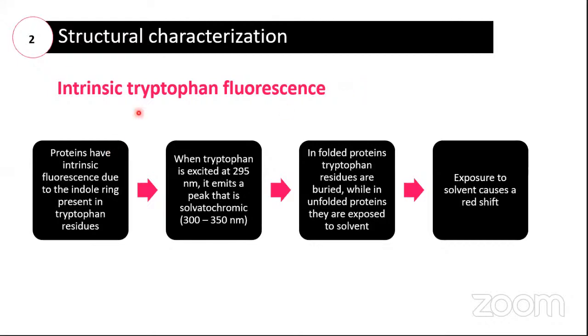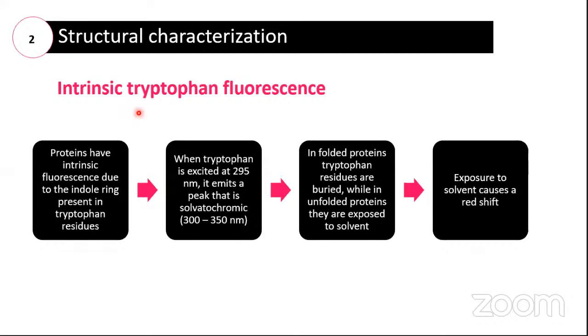Proteins have intrinsic fluorescence as a result of aromatic amino acids present in the amino acid chain. Most of this fluorescence is due to the indole ring present in tryptophan residues. When tryptophan is excited at 295 nanometers, it will emit light at a wavelength which depends on the exposure of the tryptophan residues to the solvent.